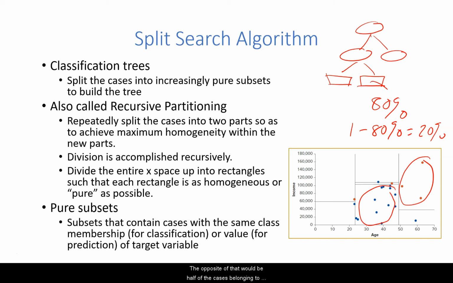The opposite of that would be half of the cases belonging to one class and the other half belonging to the other class, or 50-50 split in terms of class membership. In this case, we consider the subset to be completely impure.